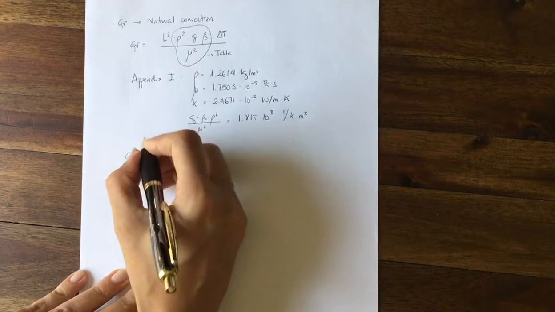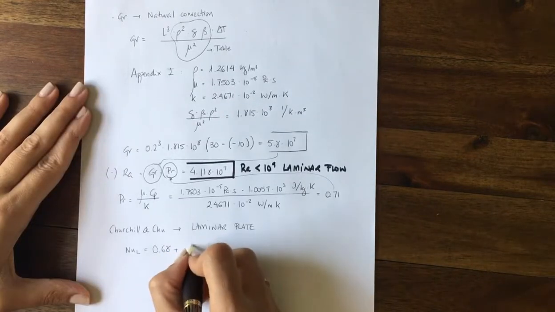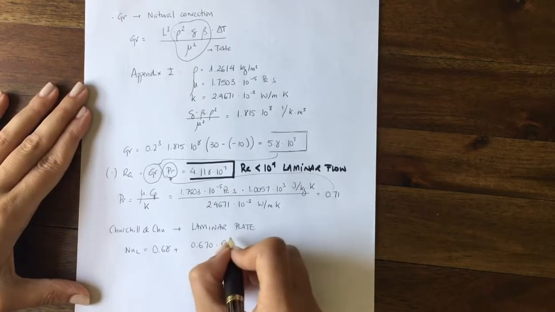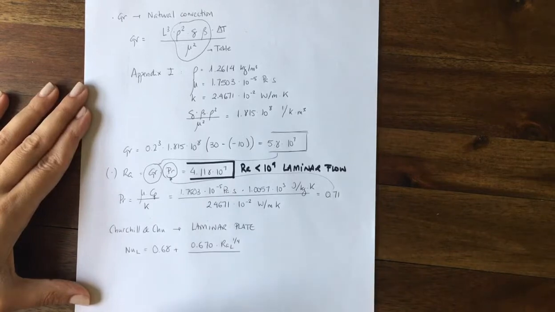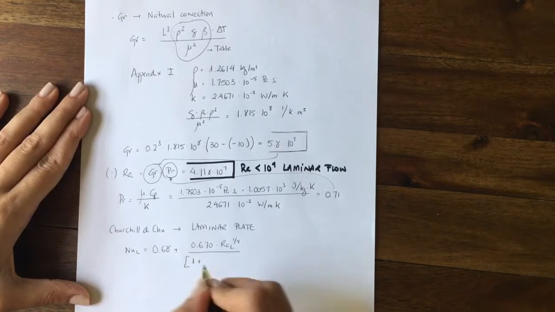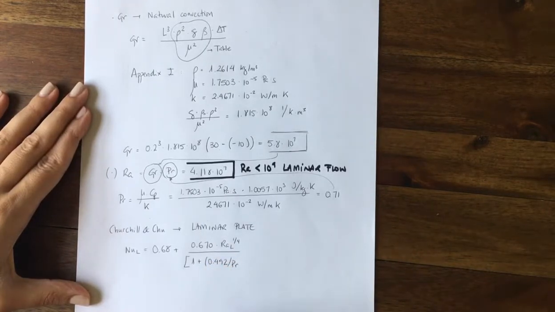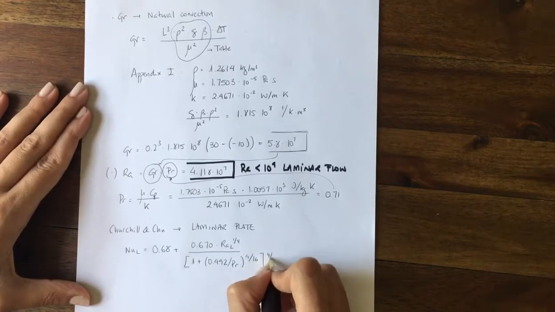For a laminar vertical plate, the definition of this correlation is that the Nusselt number is equal to 0.68 plus 0.670 times the Rayleigh number to the 1/4, over 1 plus 0.492 over the Prandtl number, to the 9/16, to the 4/9.